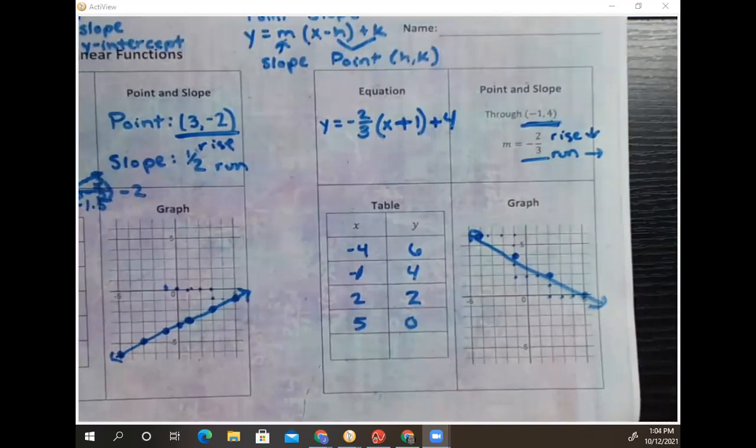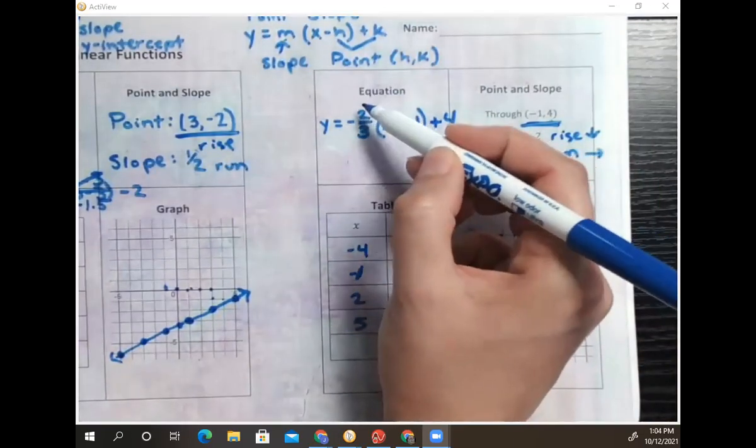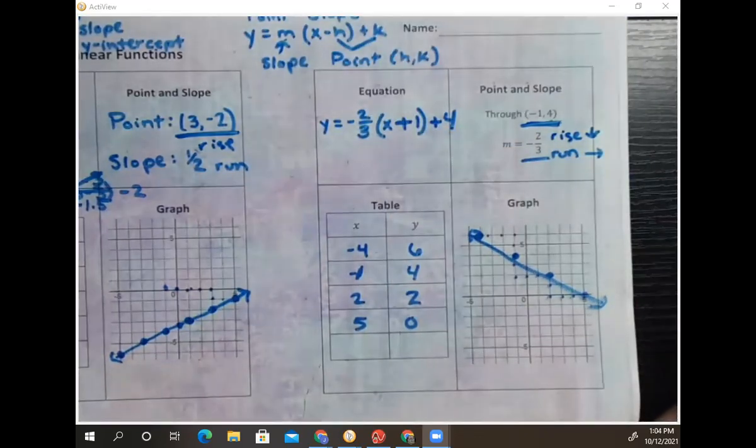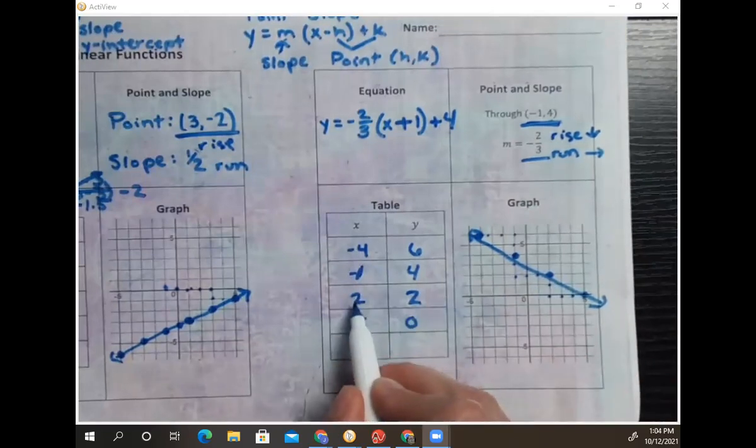Now I'm going to use my function to find one more ordered pair for my table. Again, I could pick any x value that I want, but we're going to have to multiply it by -2/3. So I want to try to pick a value that's not going to be too terrible to work with. For the values that we've got in our table already, I'm going to use the 2 and the 5 as an example here.